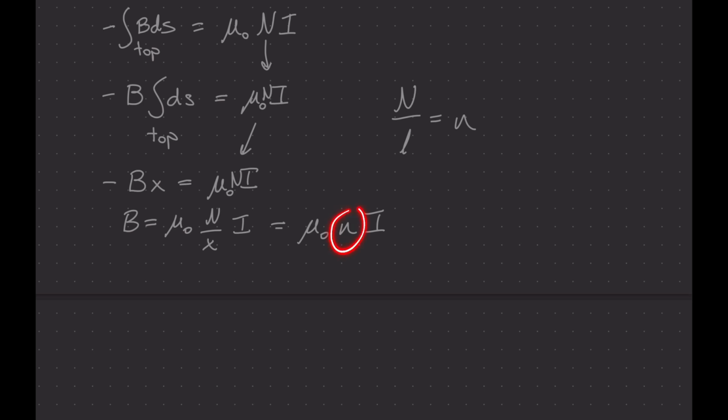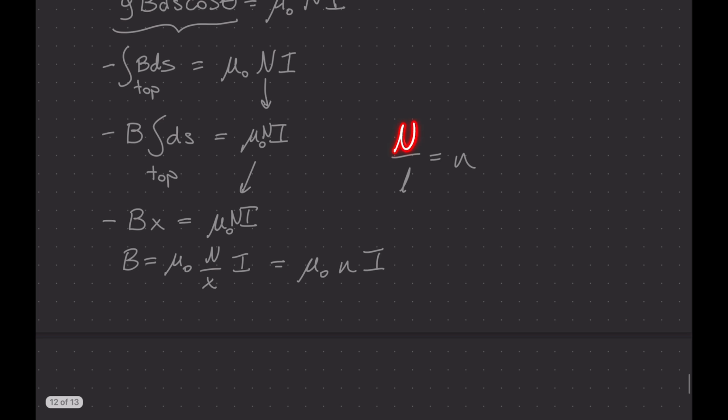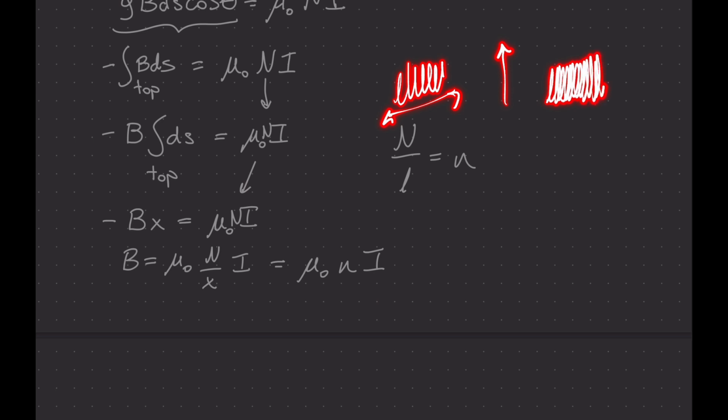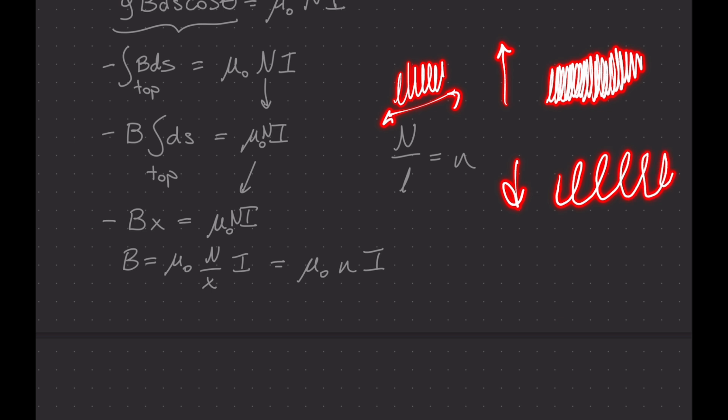So this little n is literally the number of times the solenoid has wires wrapping around it divided by the length. So you could say it's the loop density, right? If this number increases, that means I have a really, really finely packed solenoid with a lot of wires. But if this lowercase n decreases, then I have kind of a loosely wound solenoid like that.